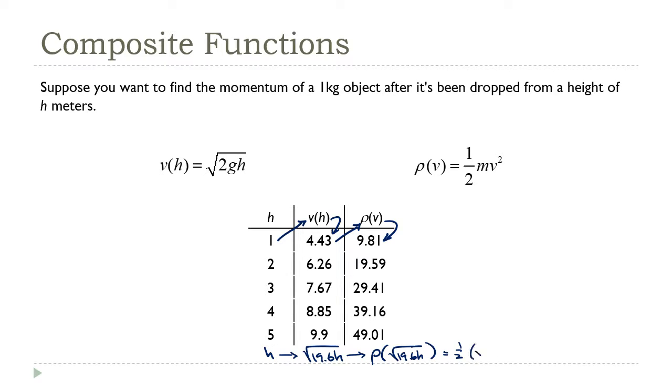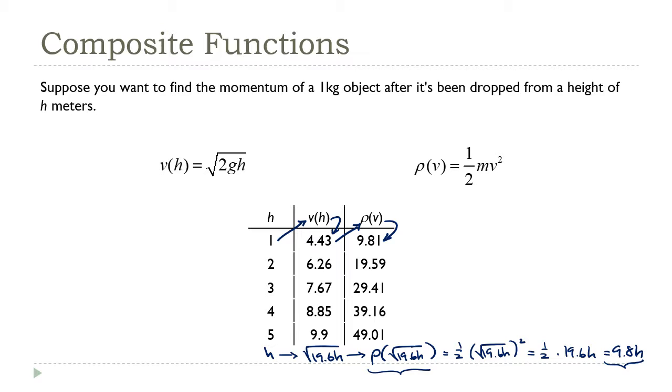This is 1/2 times the square root of 19.6 h, squared, which is 1/2 times 19.6 h, which is 9.8 h. And now look at what I did. I have a formula for the momentum that is purely in terms of h.